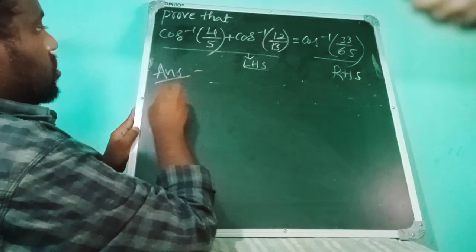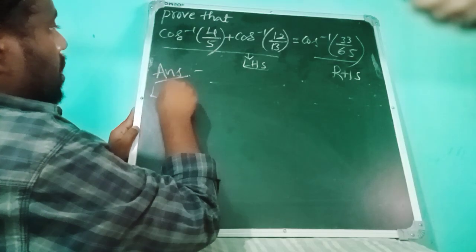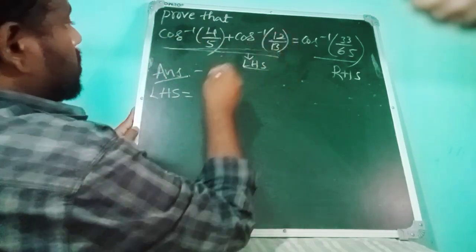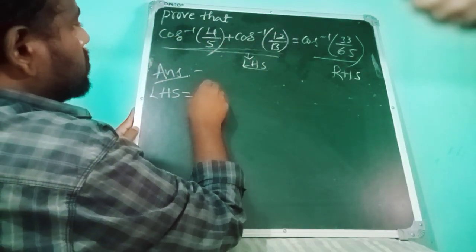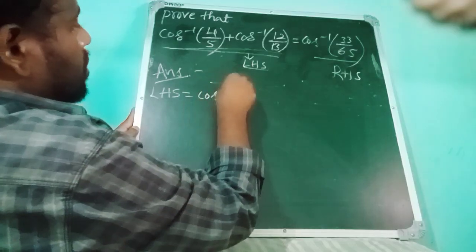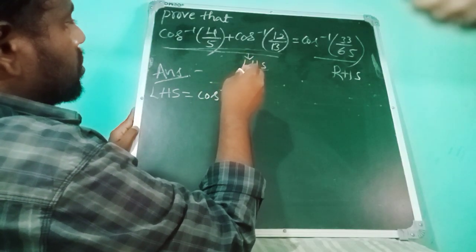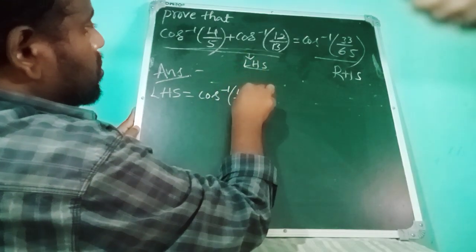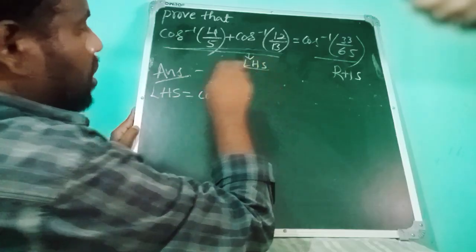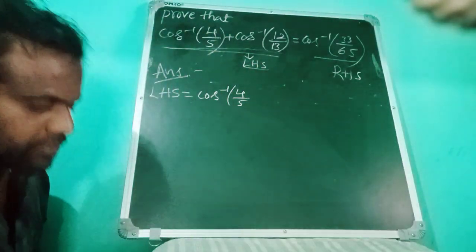So, answer. First take this LHS. LHS is equal to cos inverse of 4 by 5.